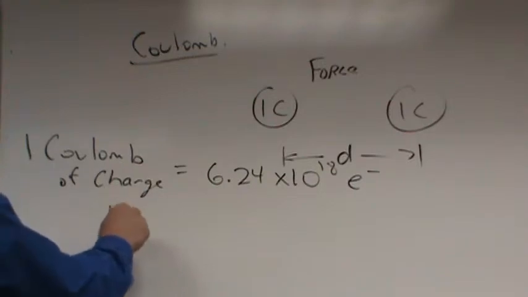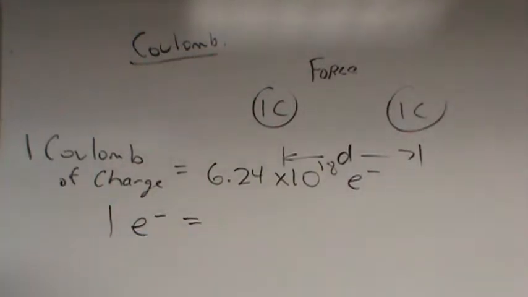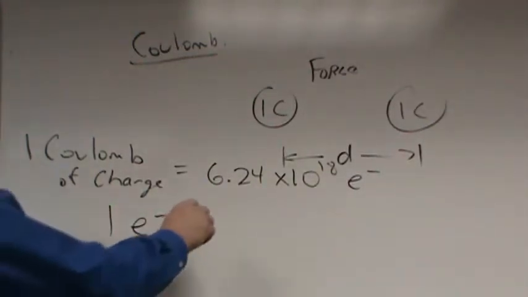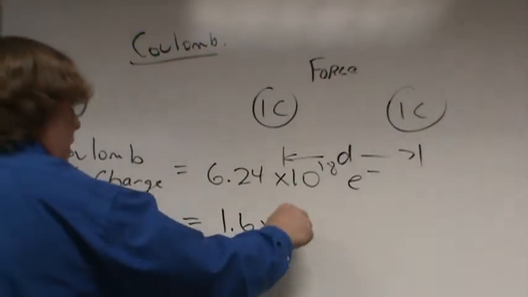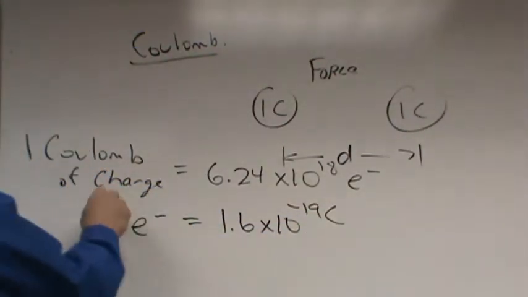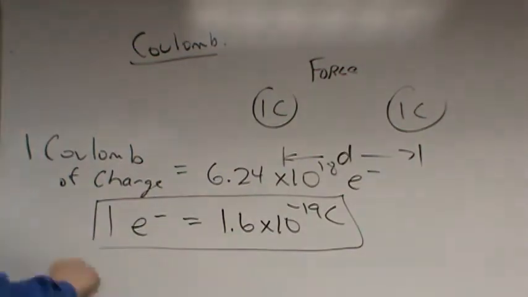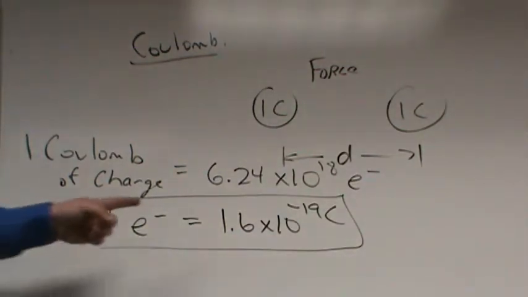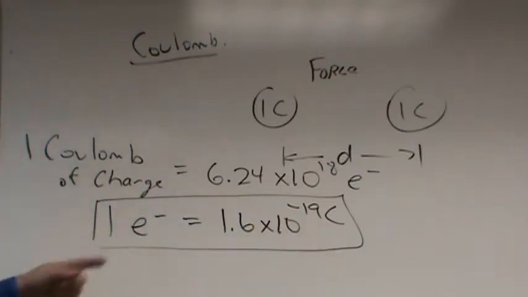Everyone in science prefers to say one electron equals 1.6 times 10 to the negative 19th Coulombs. That's the conversion I'm going to use in this class, because we define the electron's charge in terms of the Coulomb.